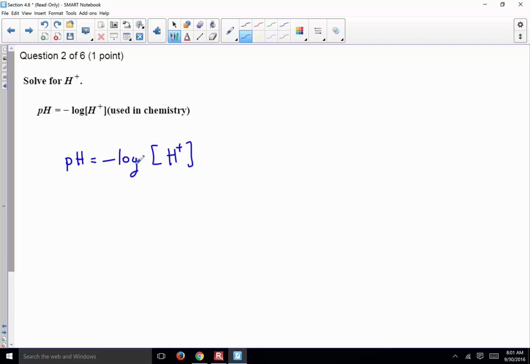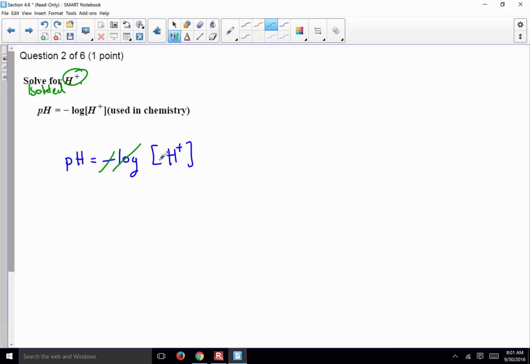By the way, this logarithm doesn't have any base, that means its base is 10, right? It's a common logarithm. So you need to get this H exposed. They want it to be isolated. Isolate H plus. I need to get rid of this, I need to get rid of that. H plus must be single thing left out.